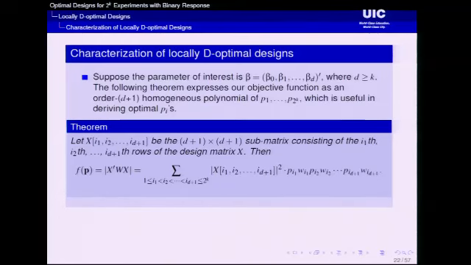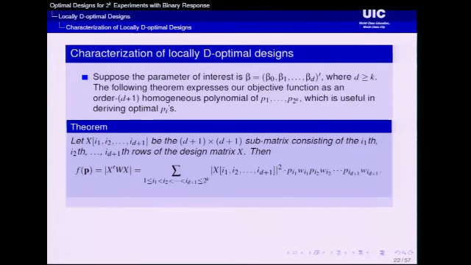As long as we can identify one good design, I think we should be pleased with that. So let's now suppose that the parameter of interest is beta 0, the intercept, and a bunch of betas. We have called them beta 1, beta 2, beta d. This would include all the main effects and maybe some interactions.